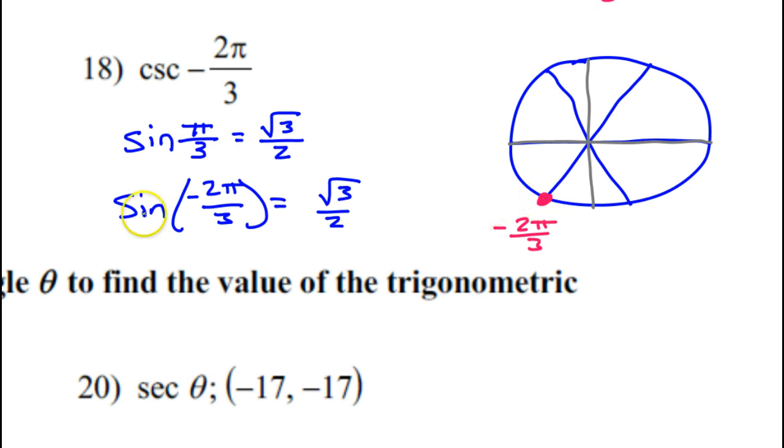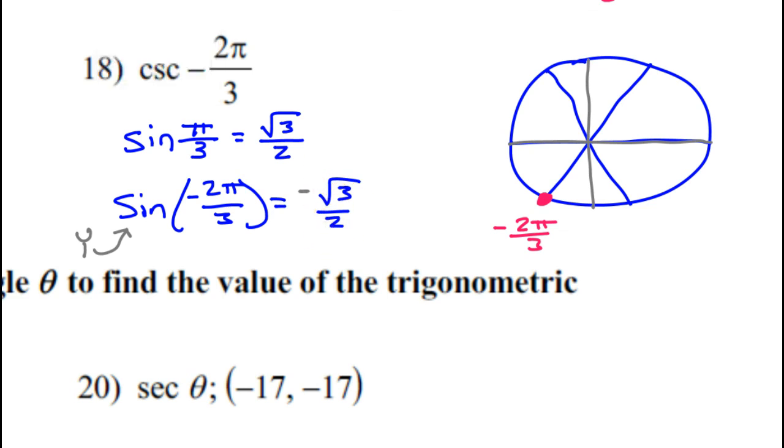So is the sine function positive or negative in the third quadrant? Well, remembering that on the unit circle, the sine function is a y value, then I know that this should be negative in this quadrant because y values are always negative below the x-axis. So this should be a negative radical 3 over 2.